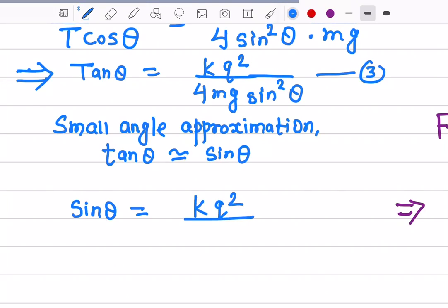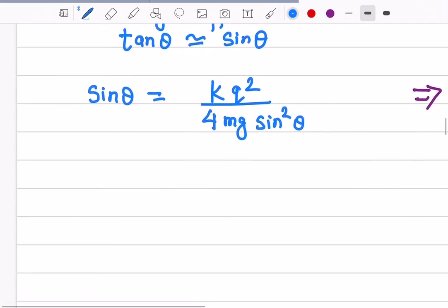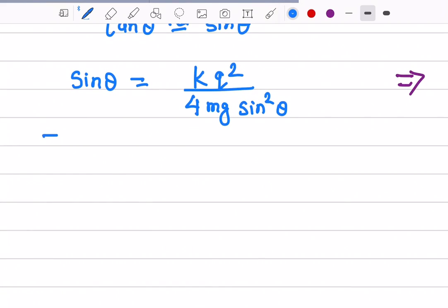Sine theta is now equal to kq square divided by 4mg sine square theta. Okay, so now we're going to bring the same terms to the same side, sine theta and sine square theta.